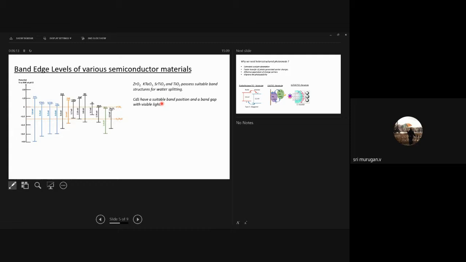CdS has a band position perfectly suitable to carry out the water splitting. If you use CdS in an electrochemical cell, it is able to absorb visible light, and its band gap position will be suitable for hydrogen production.